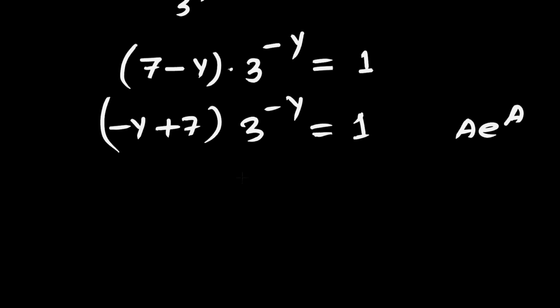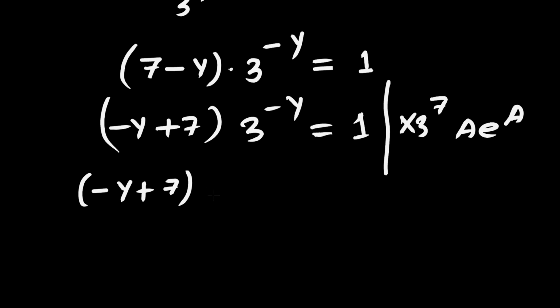Well, watch this. Let's multiply both sides by 3 to the power 7. Doing that gives (minus y plus 7) times 3 to the power minus y, times 3 to the power 7 equals 3 to the power 7.